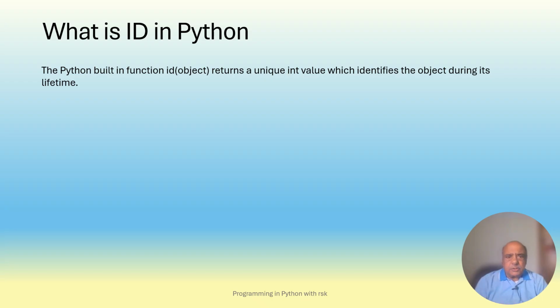What is ID in Python? The Python built-in function id returns a unique int value which identifies the object during its lifetime. So ID is a unique int value which identifies that particular object as long as the program is running, or as long as the object is alive.